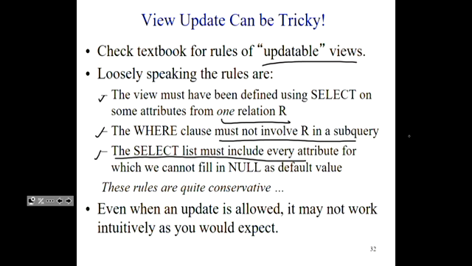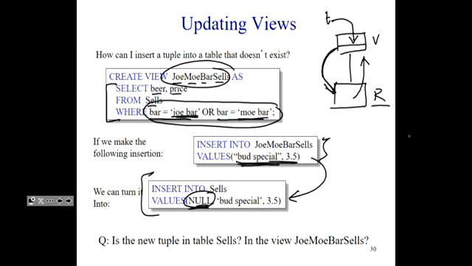The select list must include every attribute for which we cannot fill in null as a default value. Remember that in the example that we saw two slides ago, we were able to fill in null as a default value for bar, so we were in fine shape.